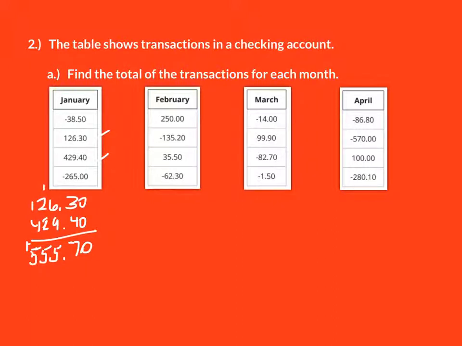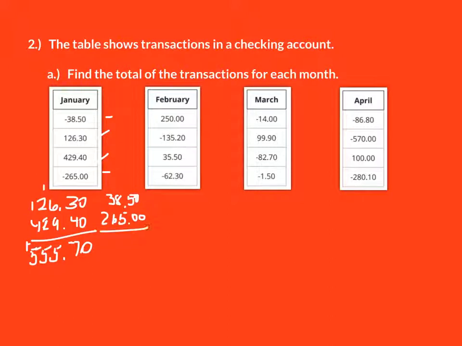And then for our negative numbers, here and here, I'll add those together. So I've got 38.50 and 265, just 265 even.